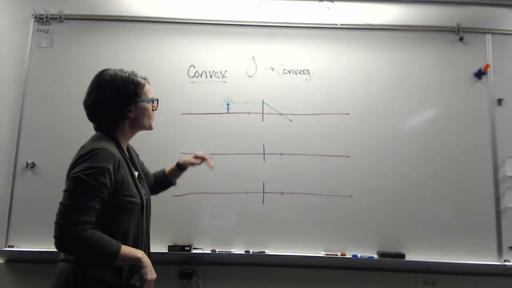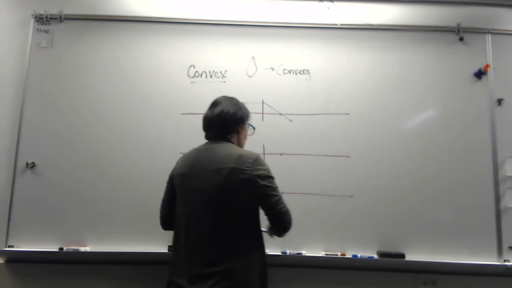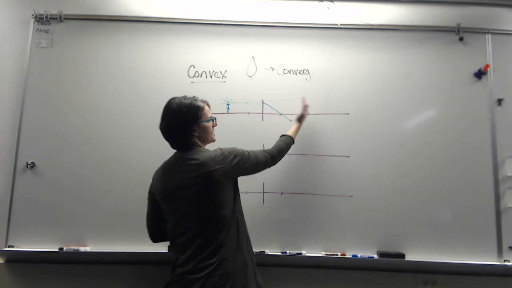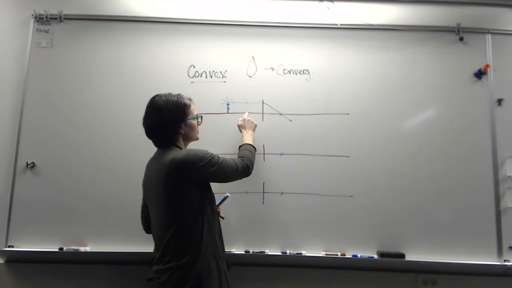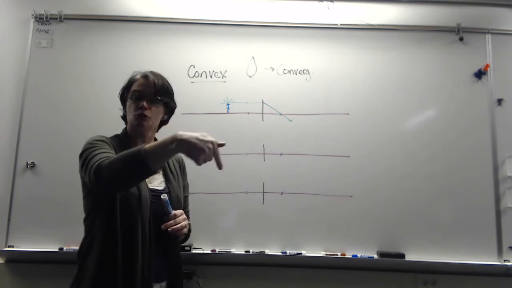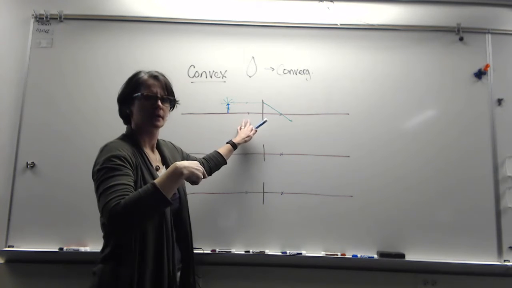Okay, so if that's the case, that means that a ray of light coming from this side, parallel to the optical axis, should be refracted through the focal point on this side.